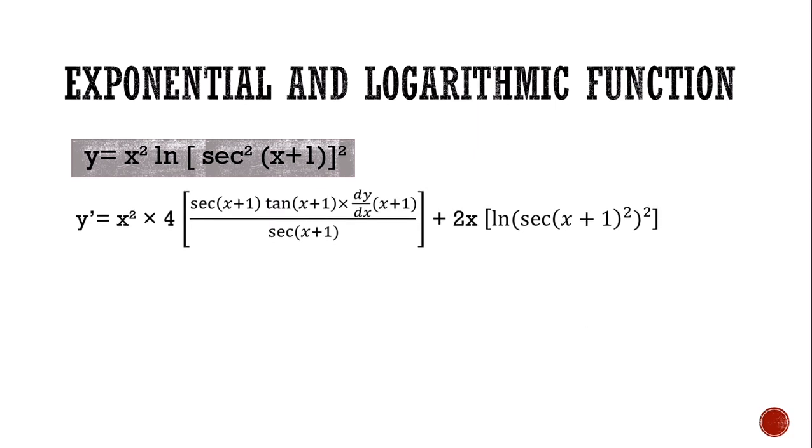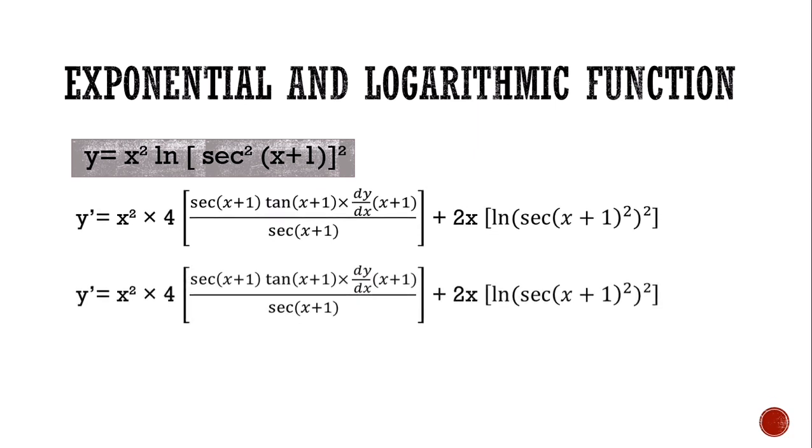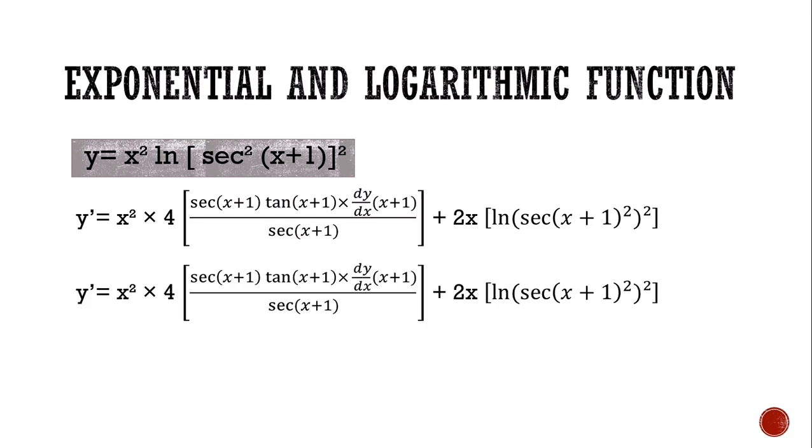Then copy the x squared times 4. Because there is a square, you need to get the derivative of the secant. Then you need to get the derivative of x plus 1. Then over the secant quantity x plus 1. Cancel the same secant quantity x plus 1.